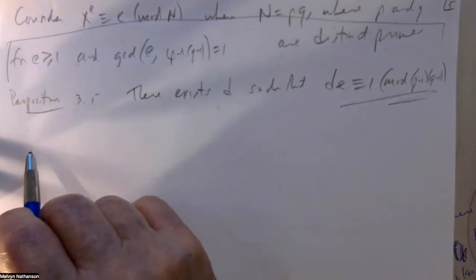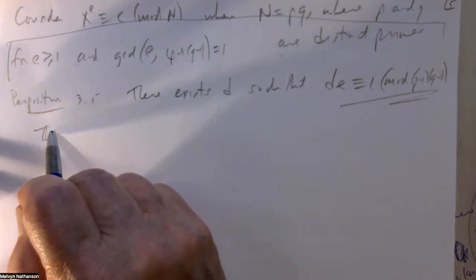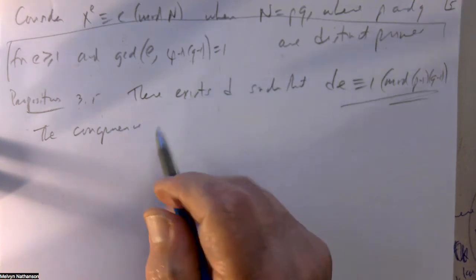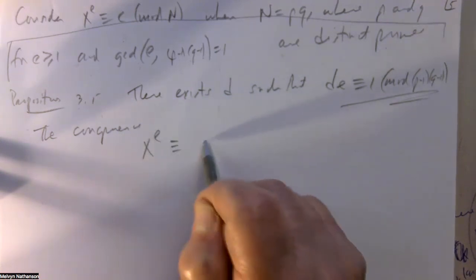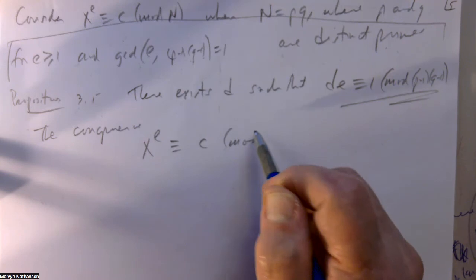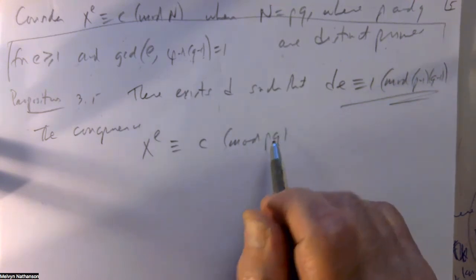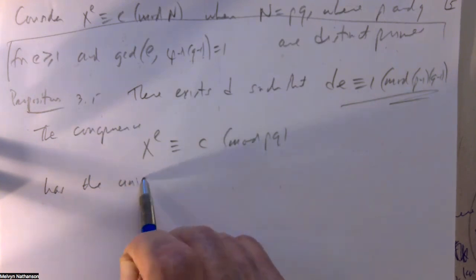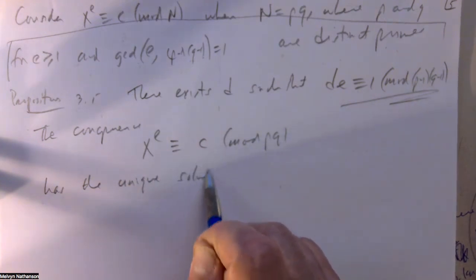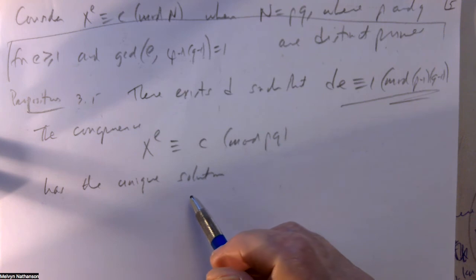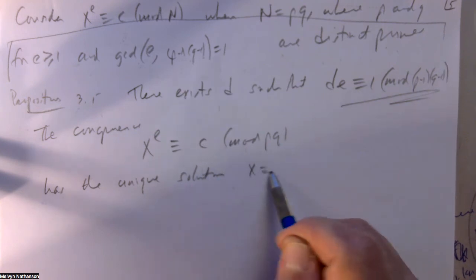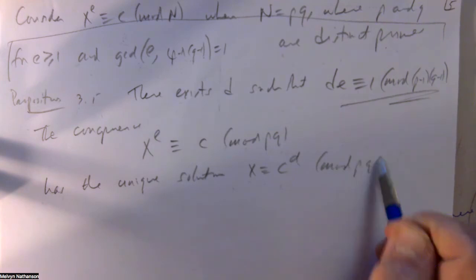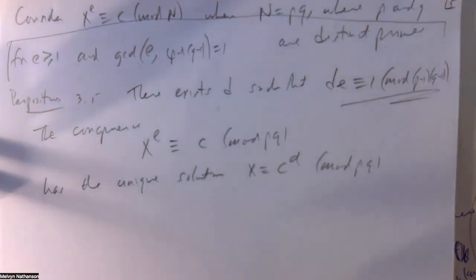And the proposition says that the congruence X to the E congruent to C mod PQ has a unique solution, X is equal to C to the D mod PQ.